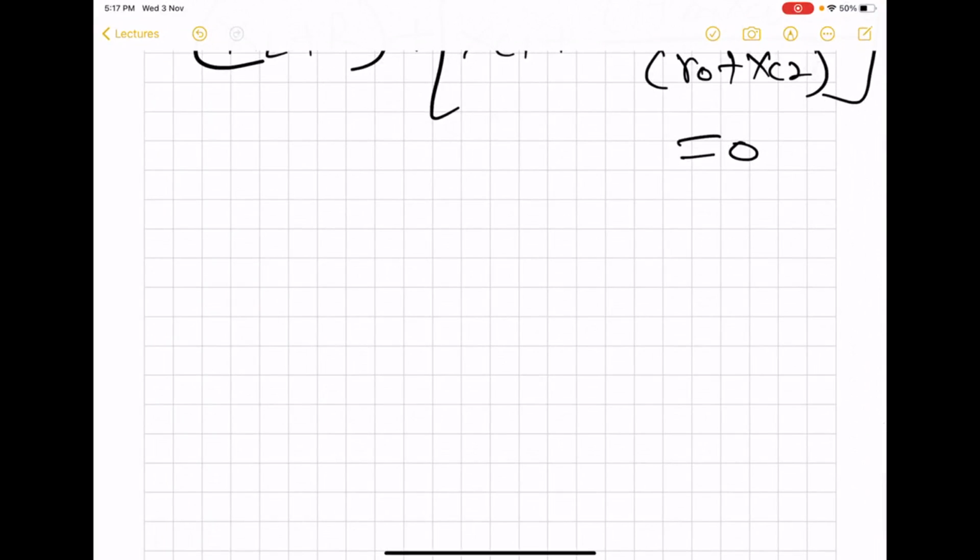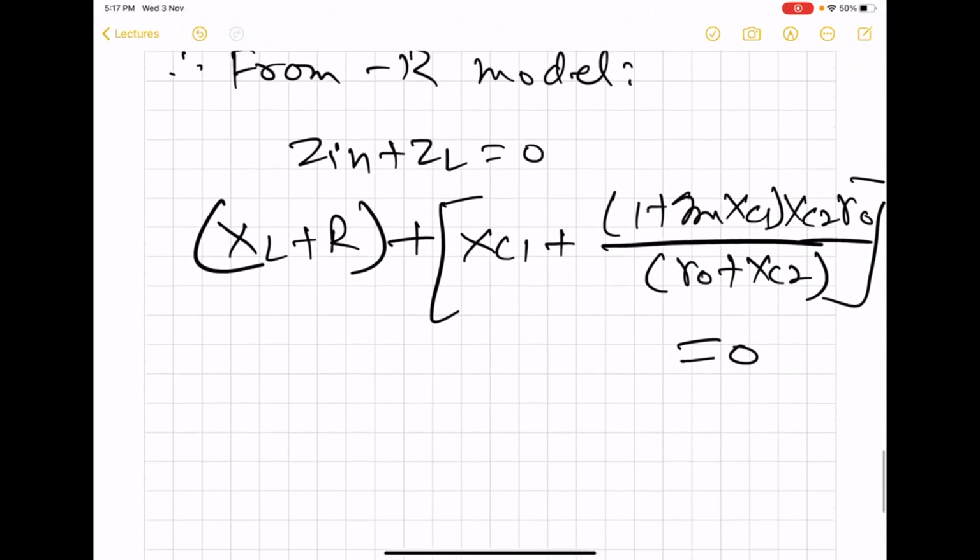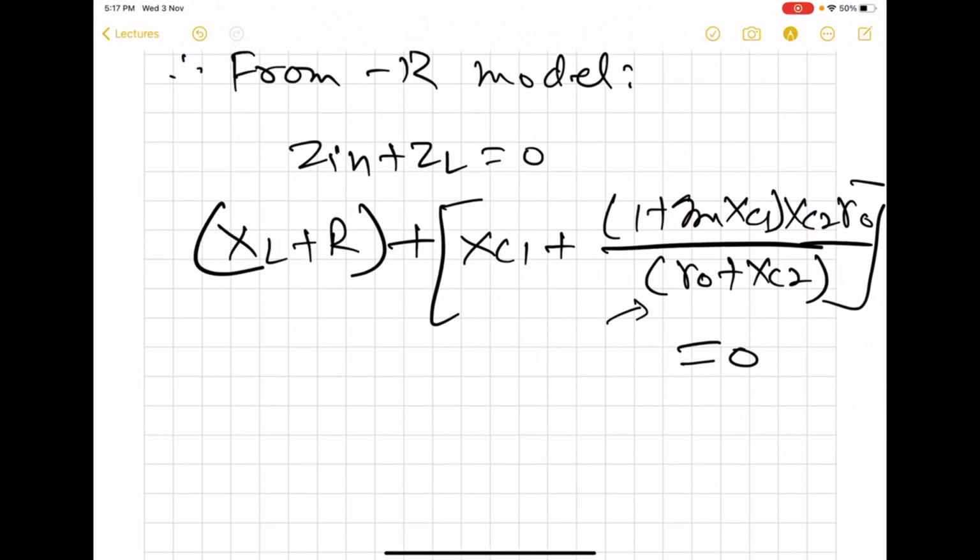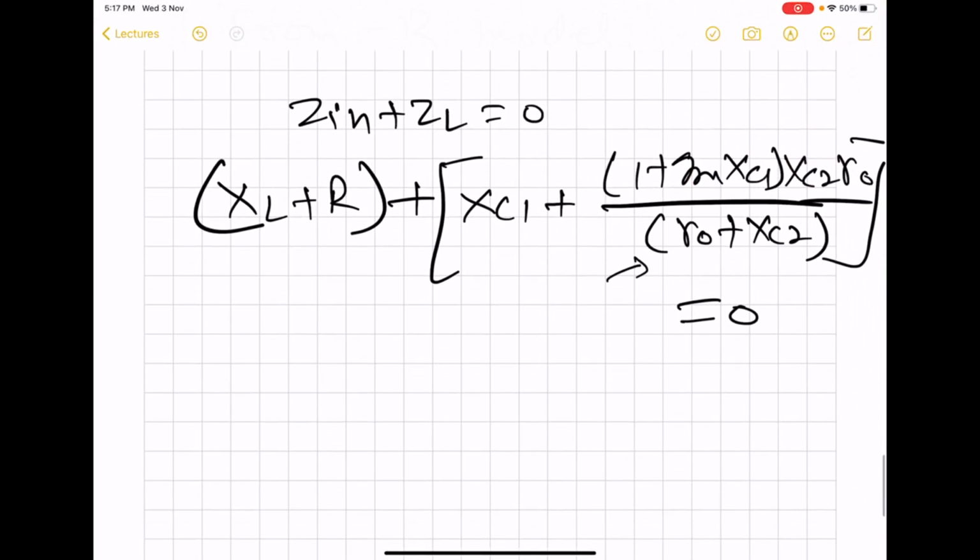So we have to rearrange the terms by multiplying by this factor. And here we can collect Xe1 with this.